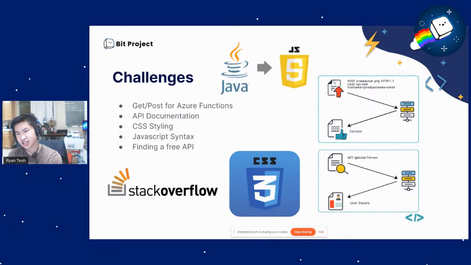So some challenges I faced while creating this web app were, first off, GET and POST for Azure Functions and HTTP requests, because usually on my hackathon team, I run the front end. I do the UI design and the front end code. So I usually don't work with the database.